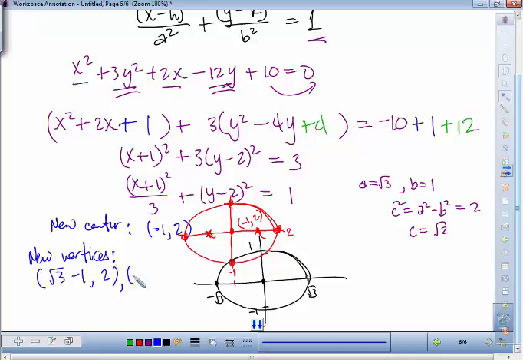And then you have the other side, negative square root of 3 minus 1, and then 2. So that's your new vertex. You can find the other minor vertices, and then now you can find the focus points as well.